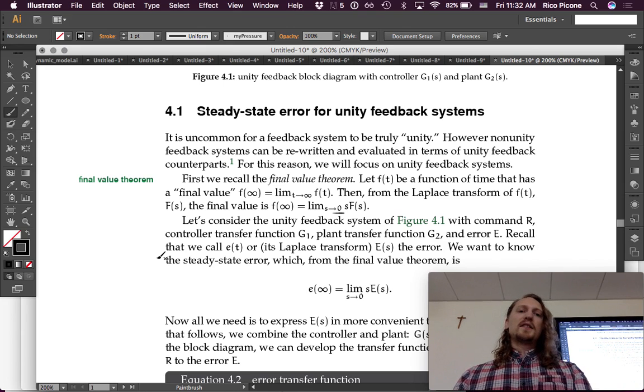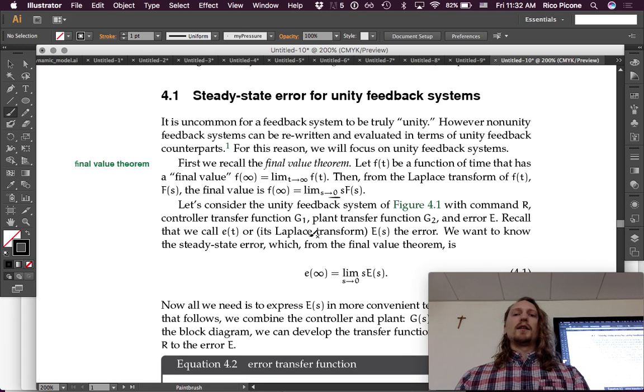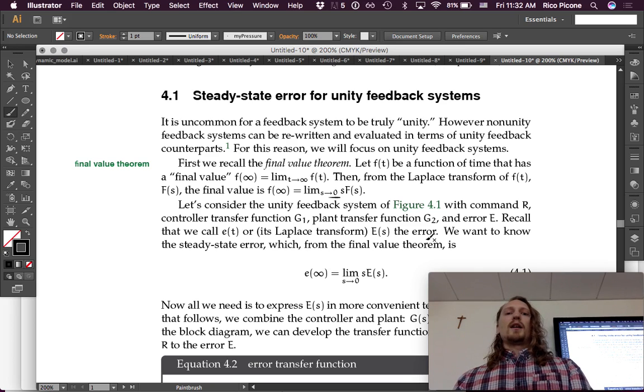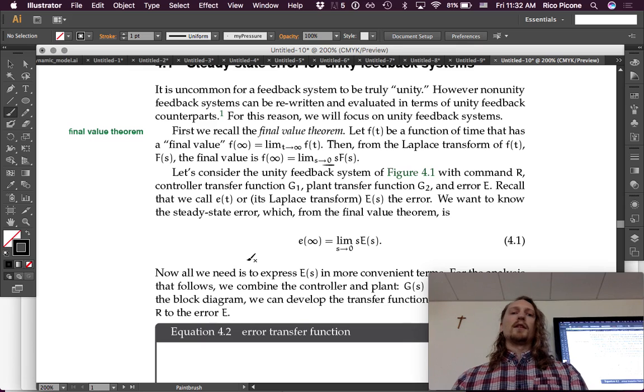So let's consider the unity feedback system of 4.1 with command R, controller transfer function G1, plant transfer function G2, and error E. Recall that we call E of t, or its Laplace transform, E of s, the error. We want to know the steady state error, which, from the final value theorem, is E of infinity. So we want to know what the final value of the error is.